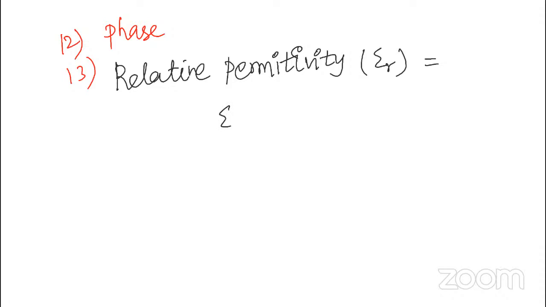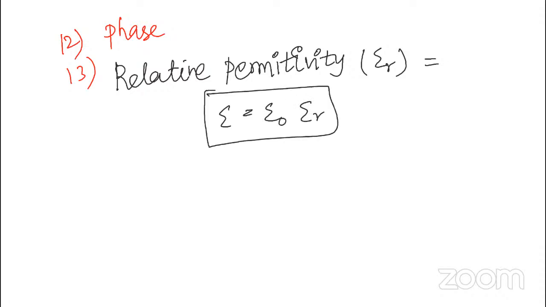Epsilon is equal to epsilon naught times epsilon R. Now tell me the value for epsilon R. Very good, epsilon divided by epsilon naught.